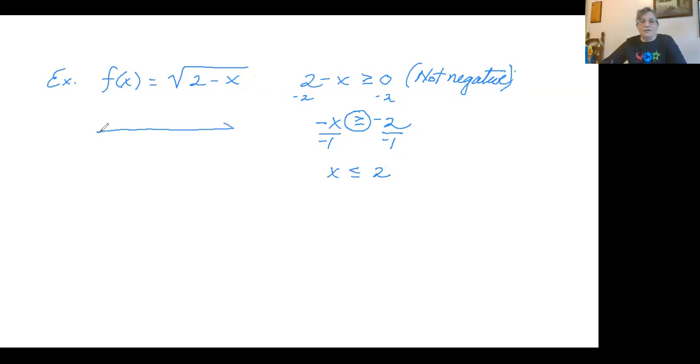So here, if we're looking on the graph, we want to make sure that x is any number below or equal to 2. That would be down here below 2, or in this case, equal to 2 is okay. So we would put a bracket.